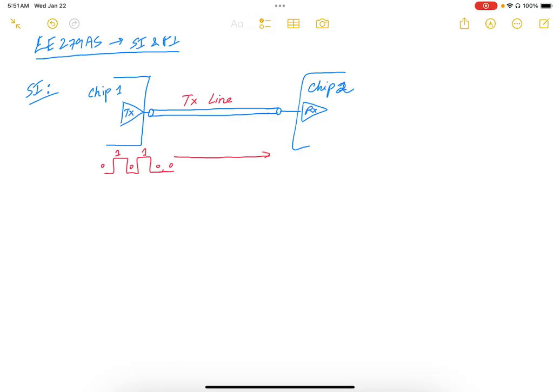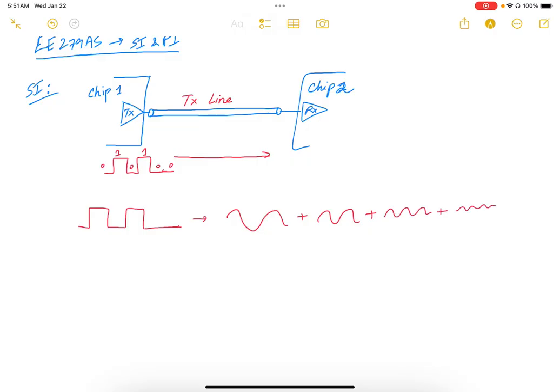But as the signal travels along this link, there are several different kinds of effects that happen that basically distort the signal. For example, any signal, no matter whether it is nonlinear or linear, can be decomposed into its Fourier components. So this digital signal would have some fundamental component and then some higher frequency components.